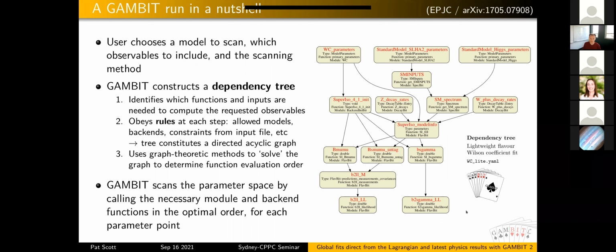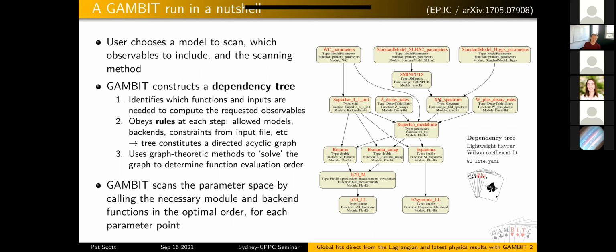And so what I've put in the input file here is just these two, and basically GAMBIT works backwards to find what it needs to plug into these functions in order to be able to compute them at the end of the day. So it goes and says, okay, so my user said that I need to use B to S gamma. What do I have that can compute B to S gamma? Okay, I find this function B to S gamma LL. What does it need? It needs this B to S gamma, and then so on and so forth.